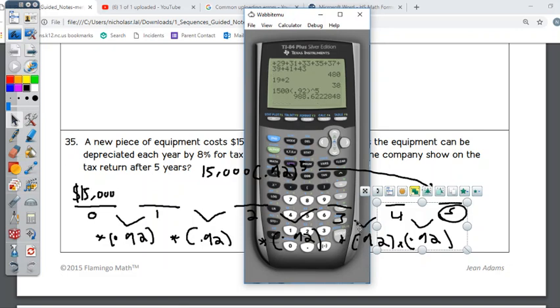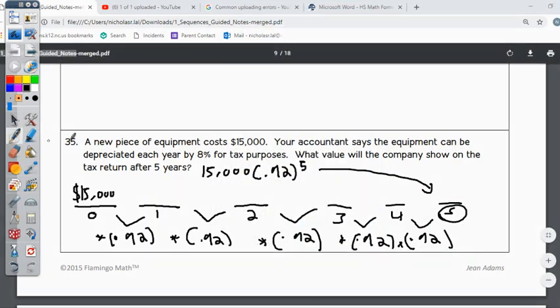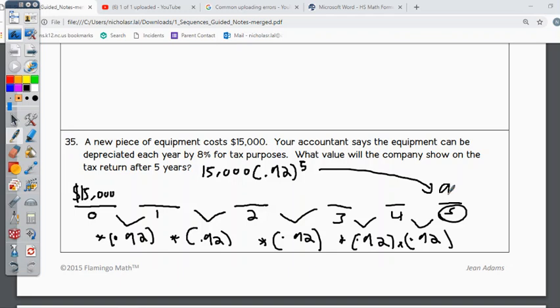Sorry, not. I did 1,500 instead of 15,000, so just move the decimal 1 over. It would be $9,886.22. So that's going to be the value after the 5th year: $9,886.22.